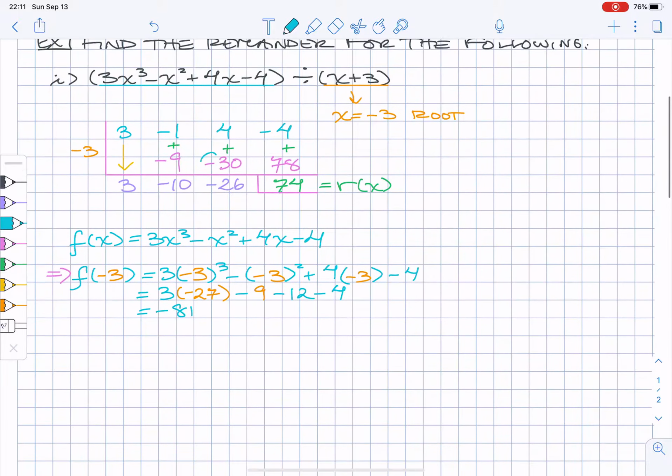So we're going to go back and fix that. So minus 9 minus 12 is negative 21, so negative 25. What I should get is negative 106. So I need to go back and fix my mistake, which was this sign right here. That sign should have been positive because two negatives make a positive, which means that this 26 is really a 34.